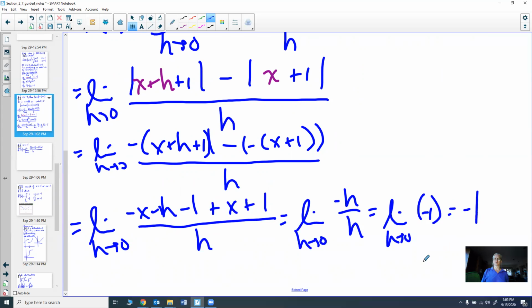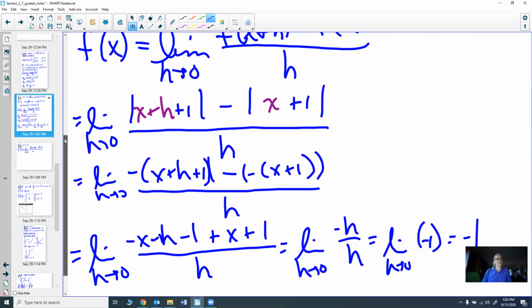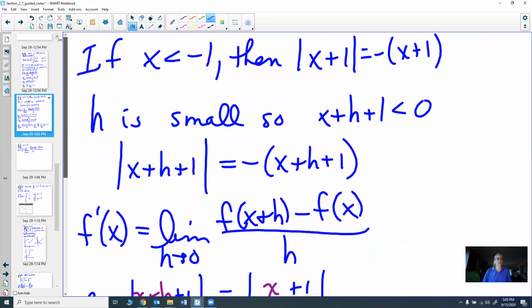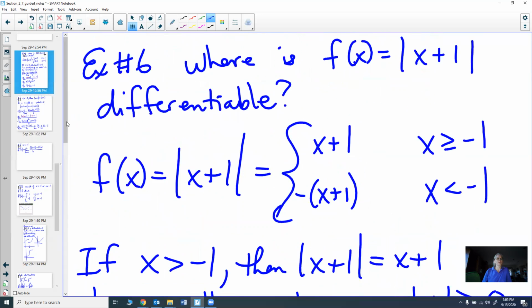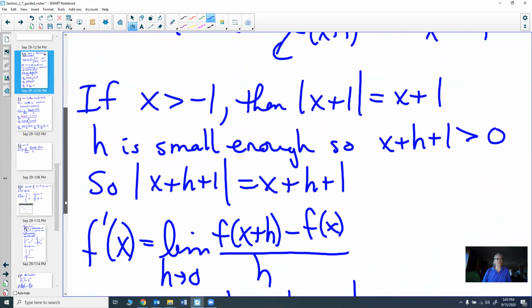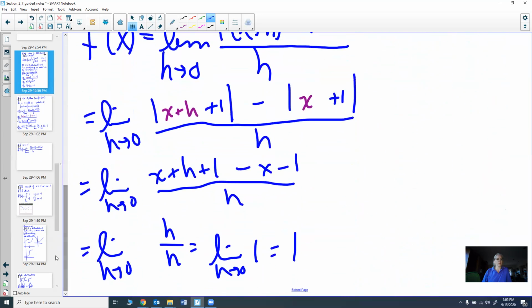The limit of a constant is just a constant, so this one's equal to -1. So when x is less than -1, we get -1 for our derivative. When x is bigger than -1, we get 1 for our derivative.